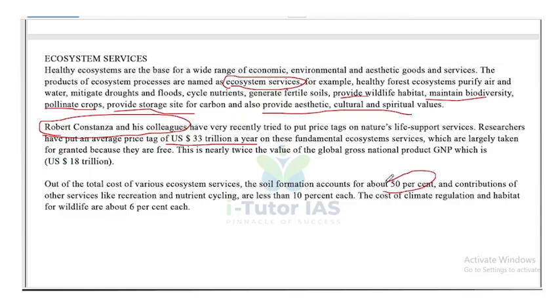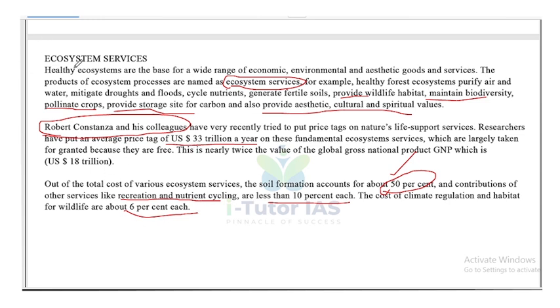So the most important and most expensive ecosystem service provided is soil formation, which is around 50%. The contributions of other services like recreation and nutrient cycling are less than 10% each. The cost of climate regulation and habitat for wildlife are about 6% each.